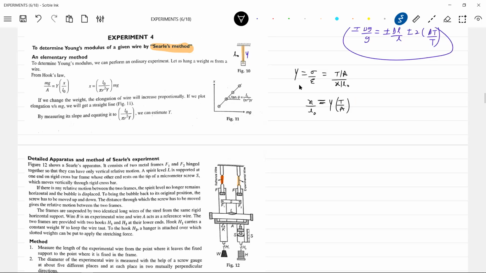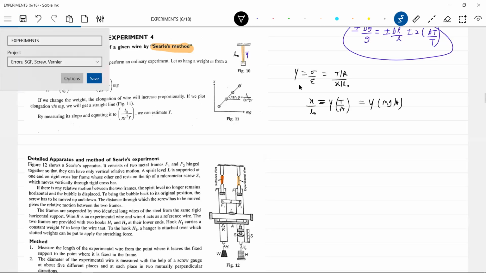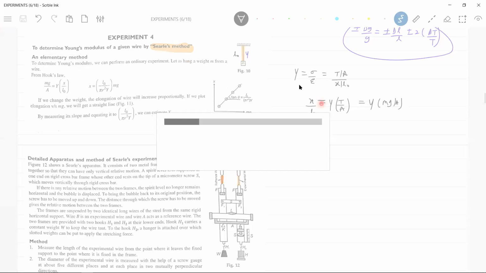What is T? T is equal to, in fact, mg. Now X by L naught. So what is X? X is elongation.